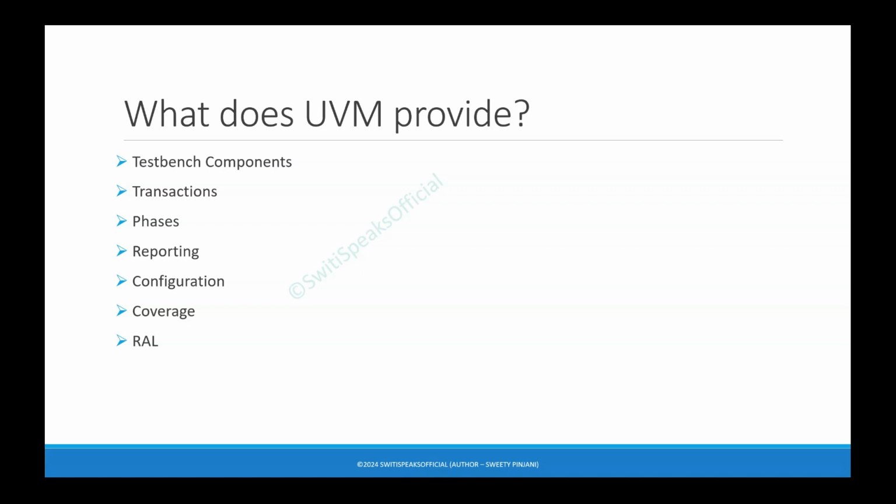Then there is walking ones, in which you ensure that if you write all ones to the register, it is getting written. Then there are transitions: we'll write the pattern 0 1 0 1 0 1, and after that we'll write 1 0 1 0 1 0. So these can be different types of things which you can test in a register.